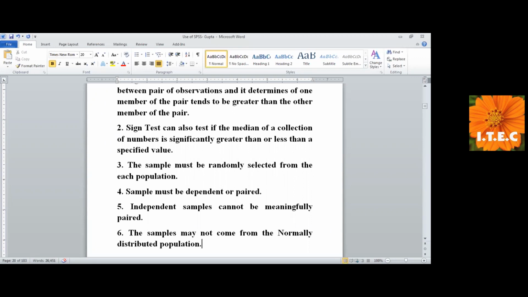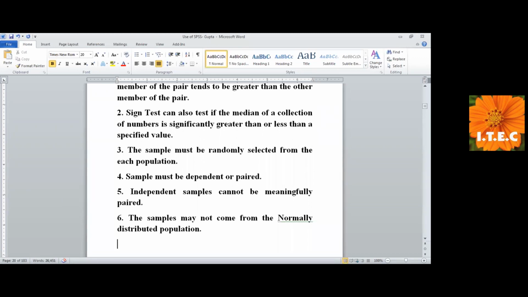And when you say that they are not normally distributed, then my dear friend, you know that in the normal distribution, there is a left tail and there is a right tail.